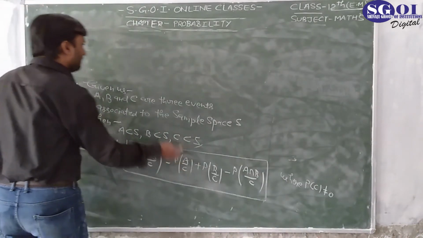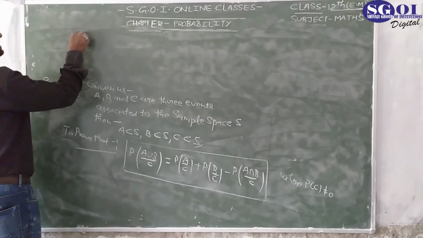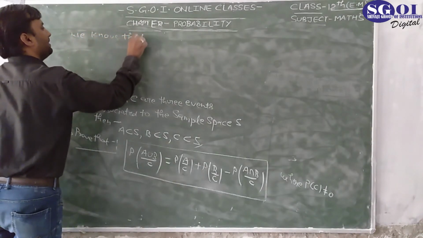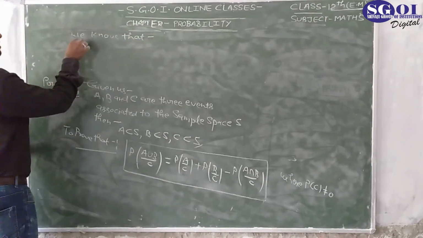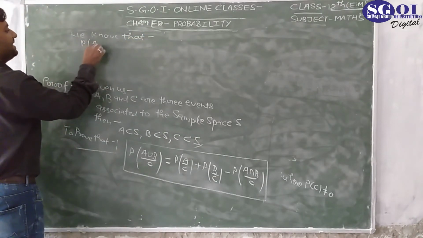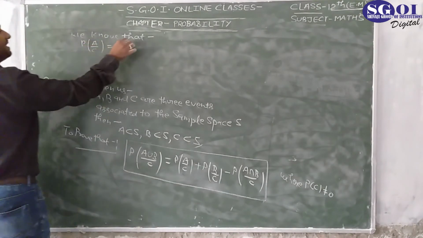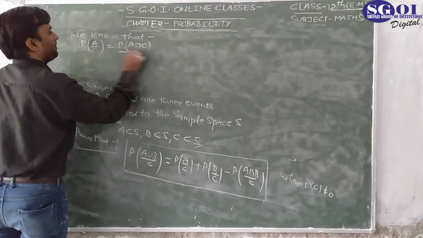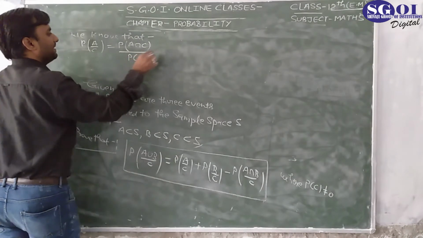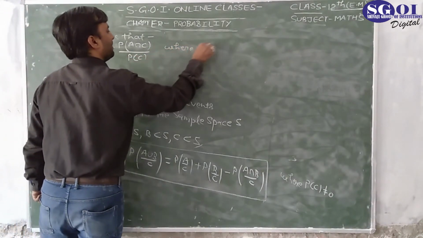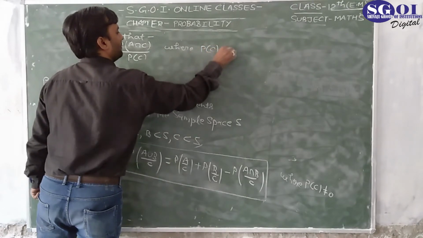So first we will find probability of A by C. We know that probability of A by C is equal to probability of A intersection C upon probability of C, where probability of C is not equal to 0.